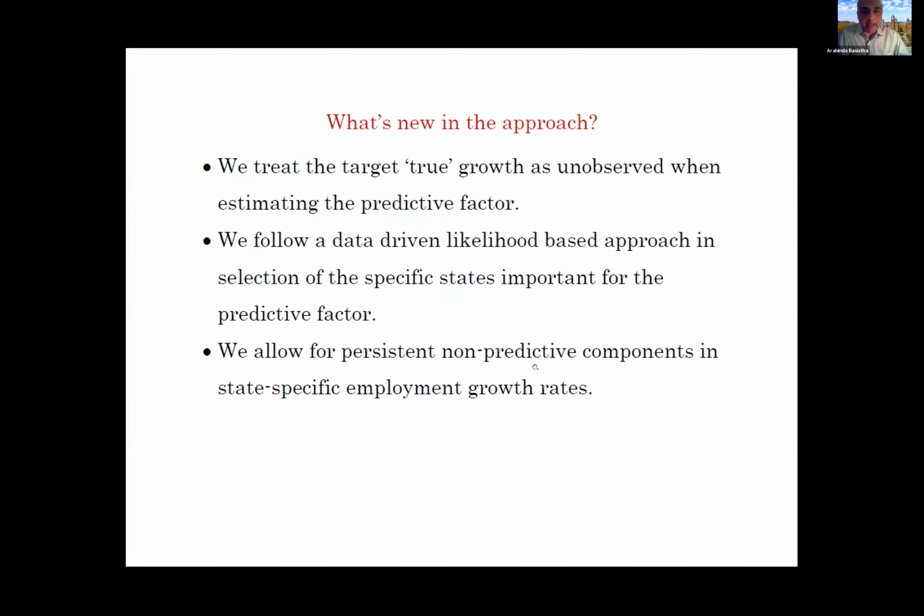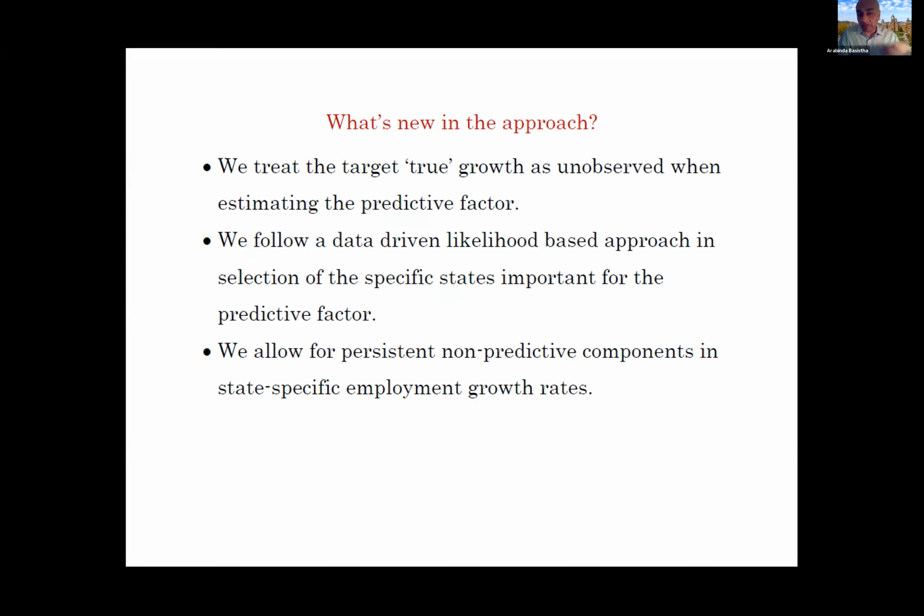So what's new? We follow the estimation of true growth that we target this predictive factor to. We treat that as unobserved and simultaneously estimated with the predictive factor. The selection of states is very important for our results.